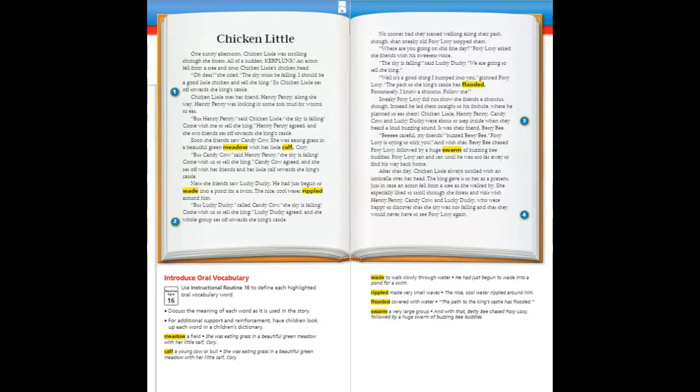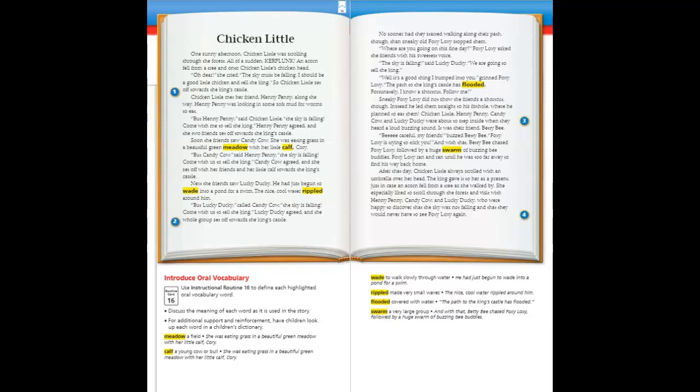Soon the friends saw Candy Cow. She was eating grass in a beautiful meadow with her little calf, Cory. "But Candy Cow," said Henny Penny, "the sky is falling. Come with us to tell the king." Candy Cow agreed, and she set off with her friends and her little calf towards the king's castle.